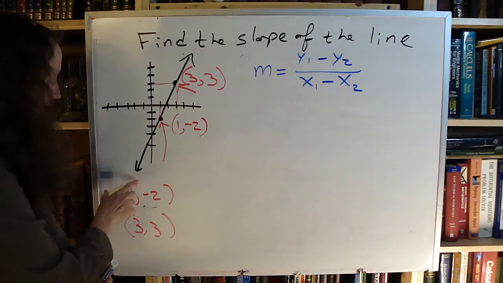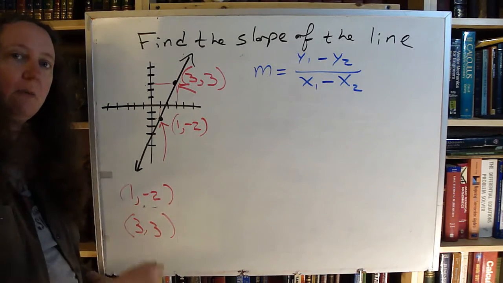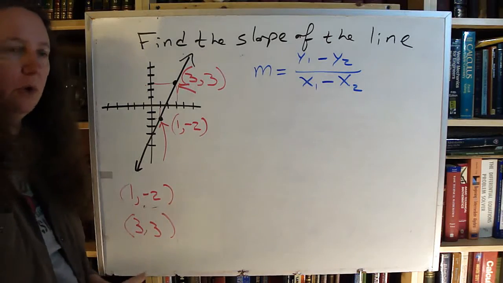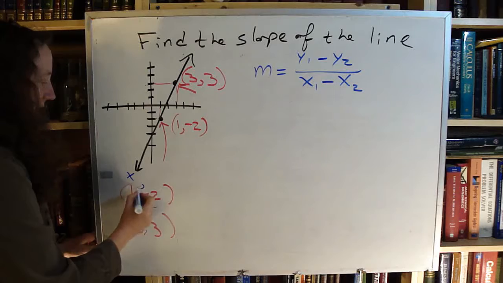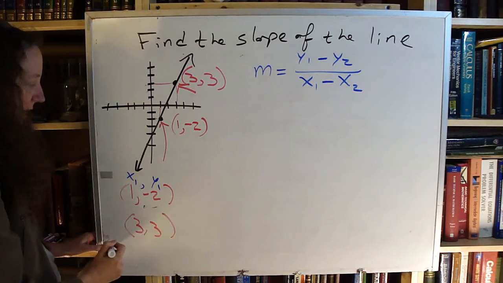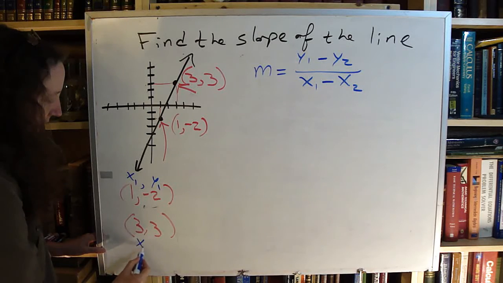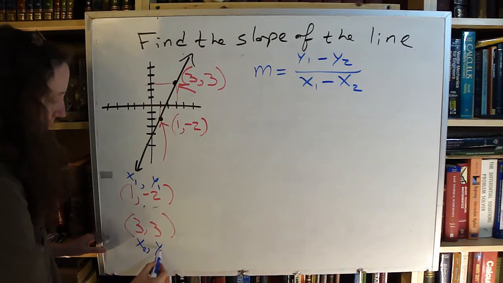My advice, label these as x, comma, y. First point, second point. You have x, comma, y. I'm going to make this my first point, so put the little 1 after it. X, comma, y. I'm going to make this my second point, so I put the little 2 after it.